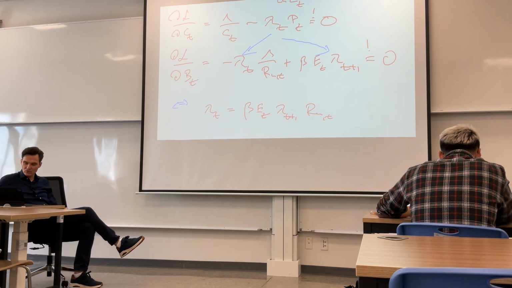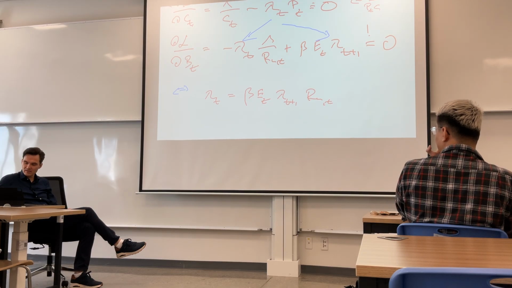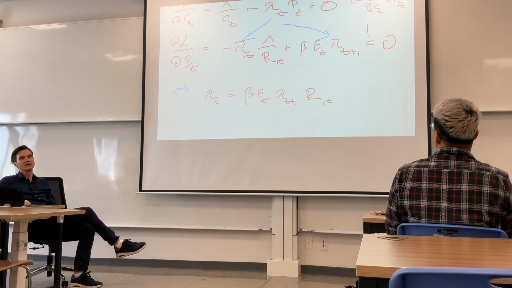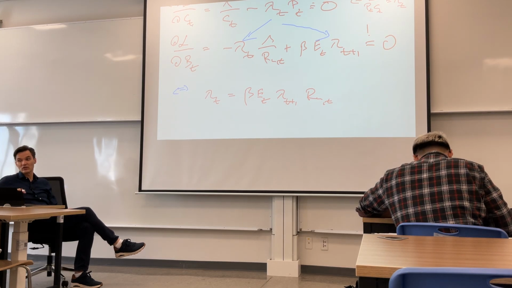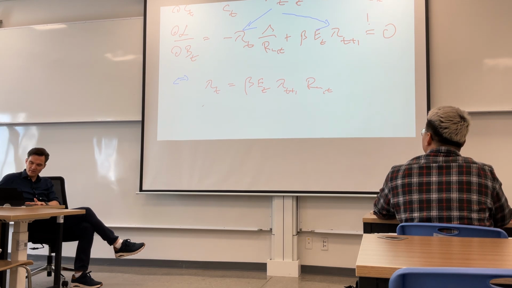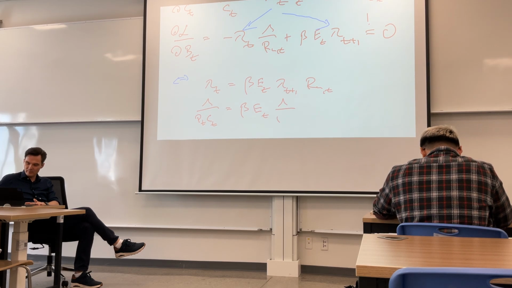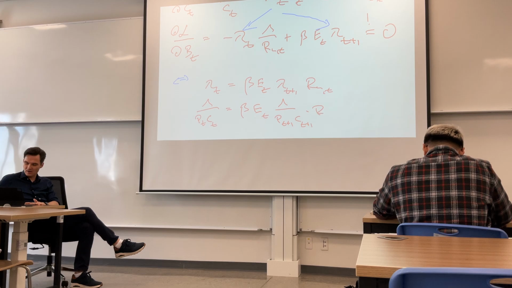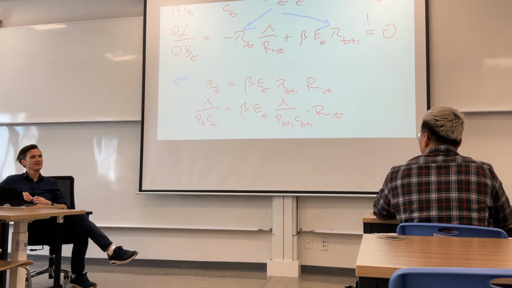And then I'm going to do the substitutions for lambda from the first equation. Notice here you have 1 over pt times ct is equal to lambda t. And then I'm going to substitute for lambda t using that expression. So then you're going to get 1 divided by pt times ct is equal to beta E t of 1 divided by pt plus 1 ct plus 1 times R n, t. All right? Good?